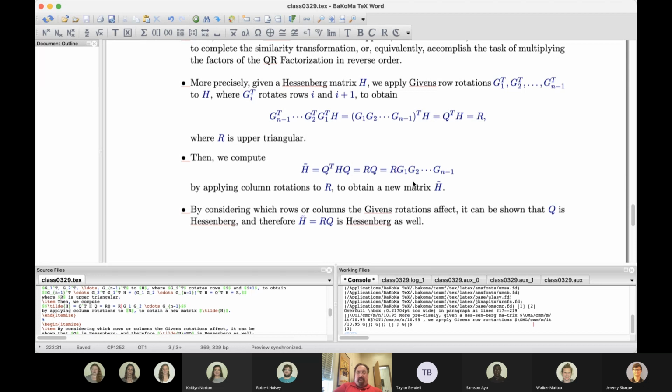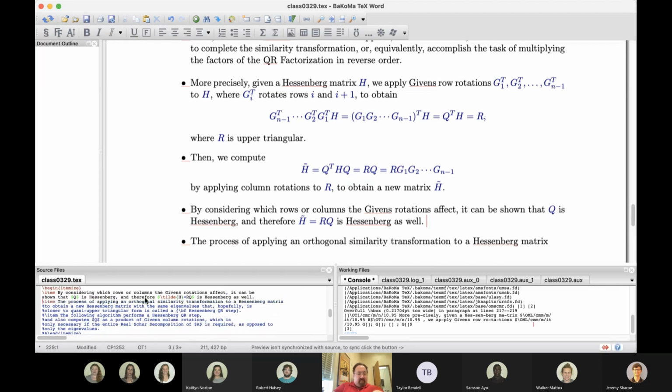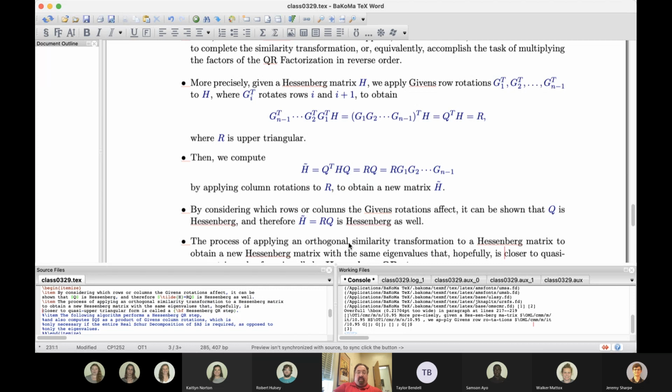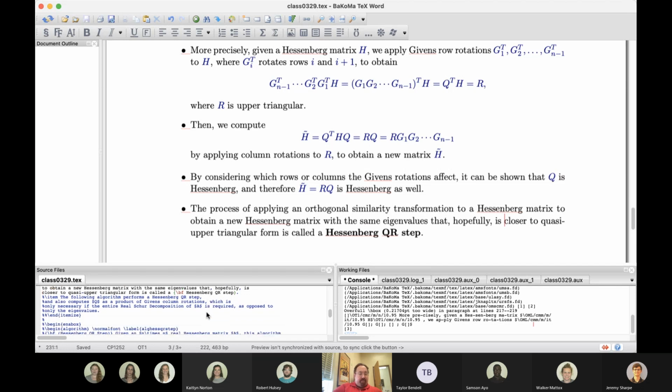And you keep proceeding, seeing what each one of these rotations does, and you can see from that that the result has to be a Hessenberg matrix. Okay. So this whole process where you take a Hessenberg matrix and you do H equals QR, then H tilde equals RQ, that whole process is called a Hessenberg QR step.